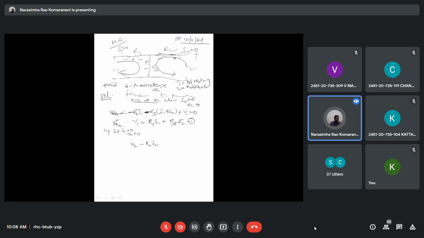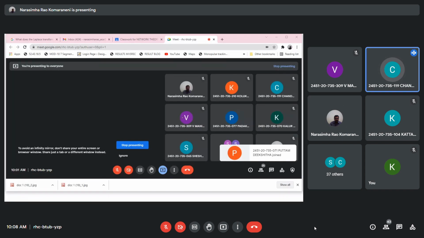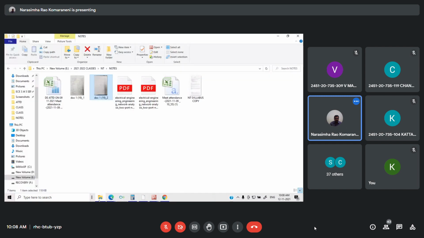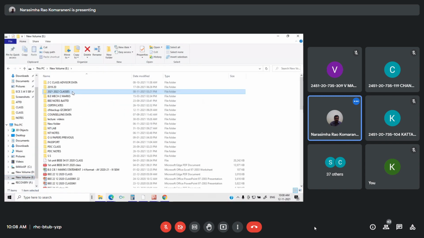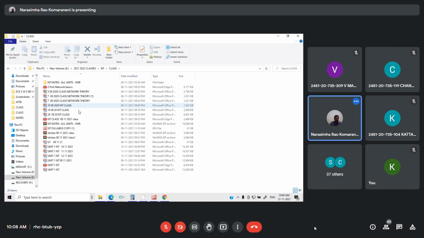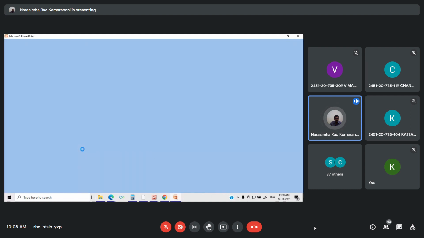Therefore you will get V1 equal to R3 plus R1 into I1, that is V1 equal to R1 plus R3 of I1.